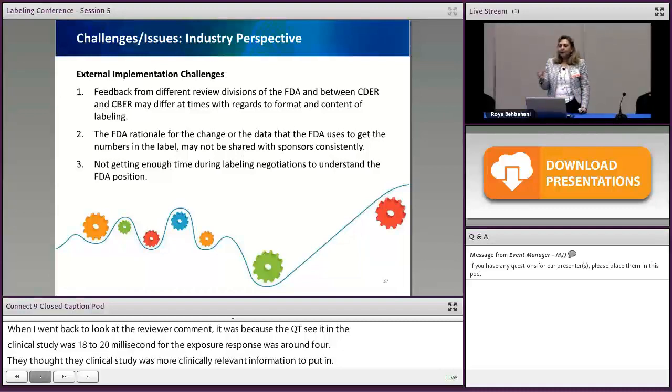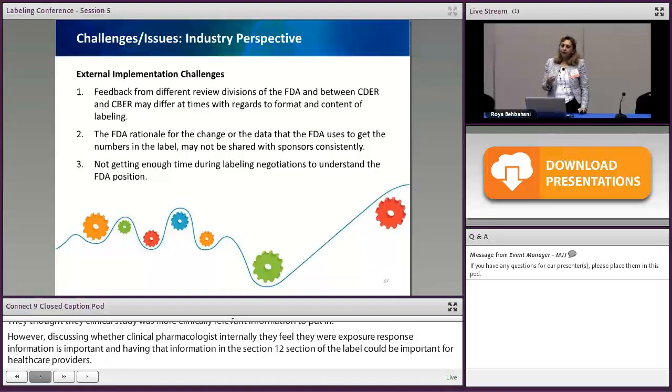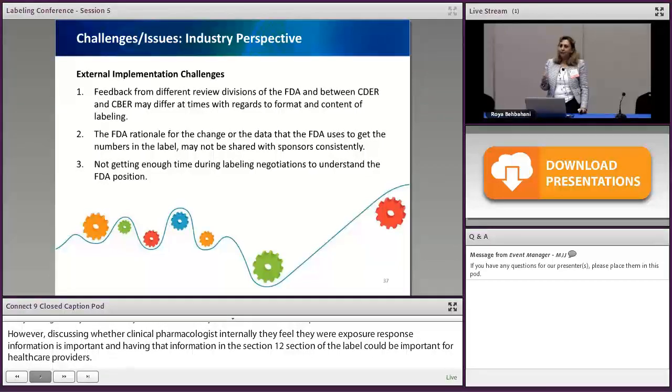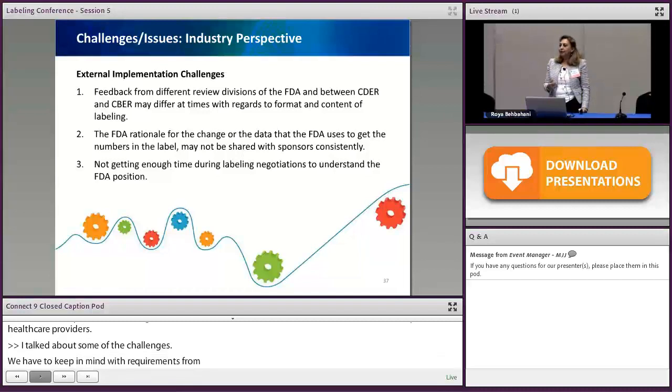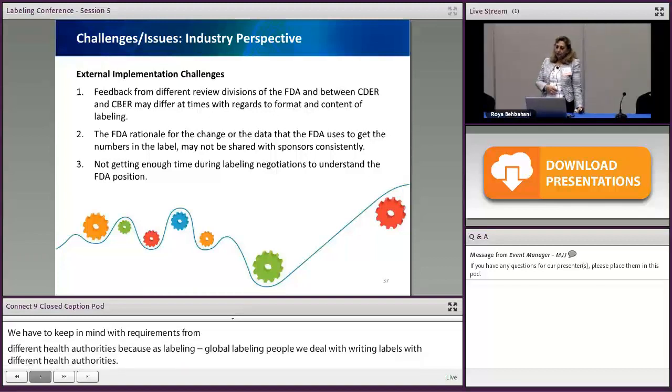So I talked about some of the challenges we have to keep in mind with requirements from different health authorities, because as global labeling people, we deal with writing labels for different health authorities. But we also get some challenges externally with getting feedback from different review divisions of the FDA and in between CDER and SBIA.